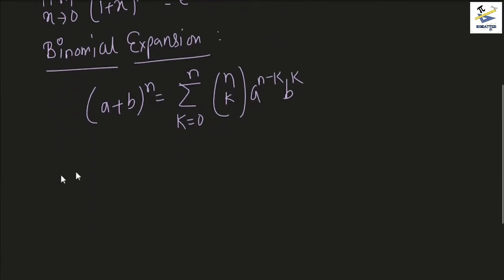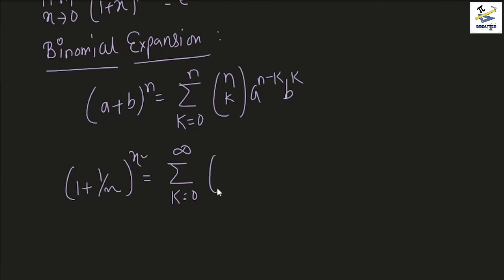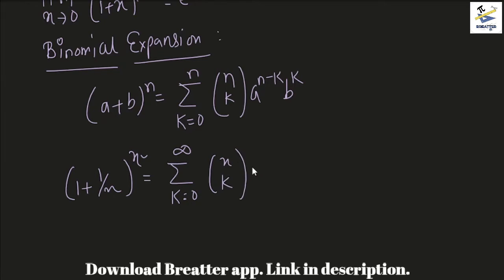This is also valid for rational numbers and real numbers, but we have not done that yet. But we can still use this to find it like this, but it would be an infinite series because of the x here. It should be x choose k, into 1 is irrelevant, so 1 by x whole to the power k, right?